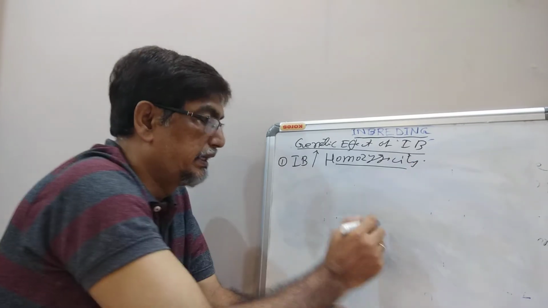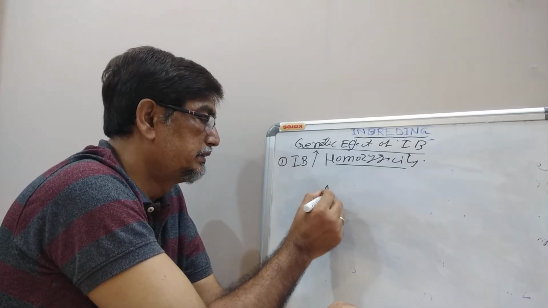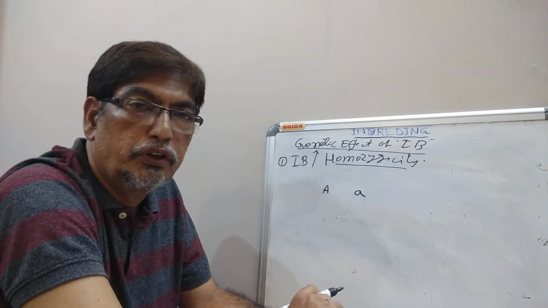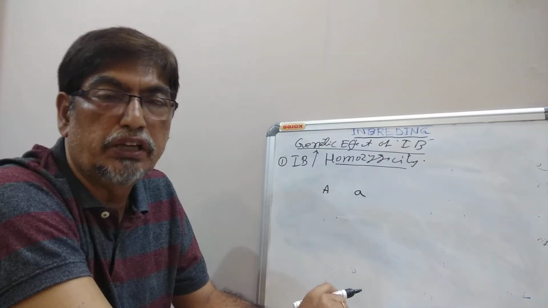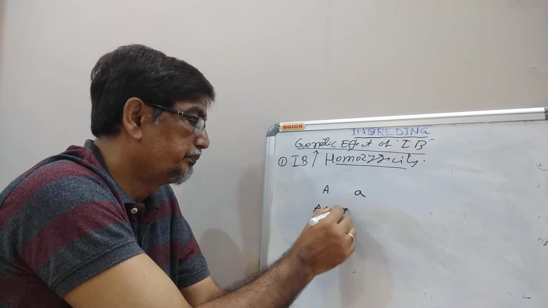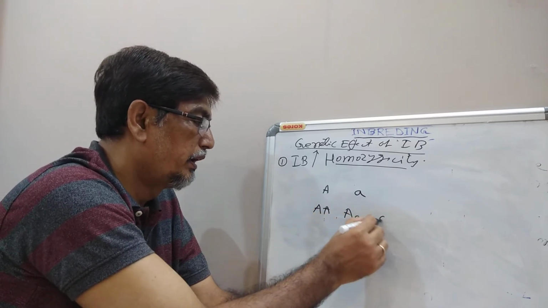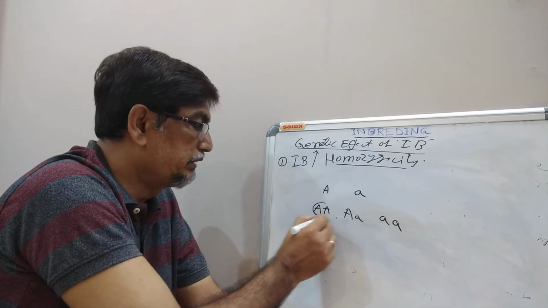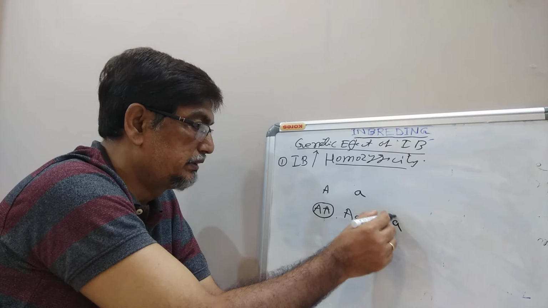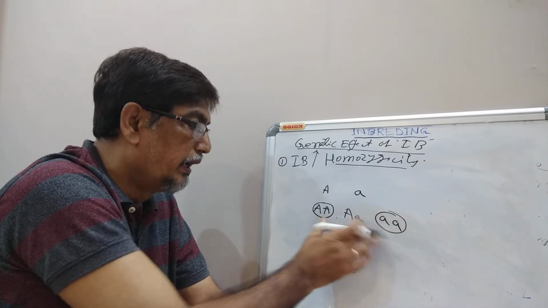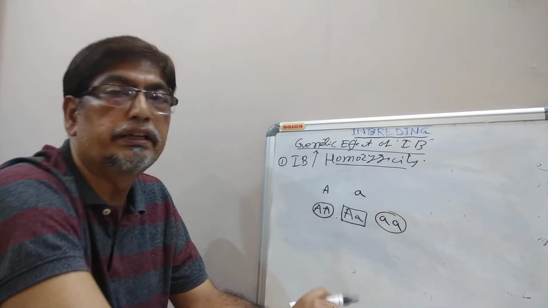If there is a gene A, and its other allele is small a, how many different types of genotypes will be produced? There will be three genotypes: AA, Aa, and aa. So AA is homozygous, and aa is also homozygous, and Aa is heterozygous.